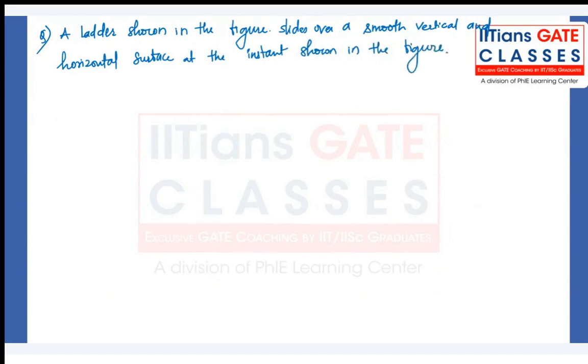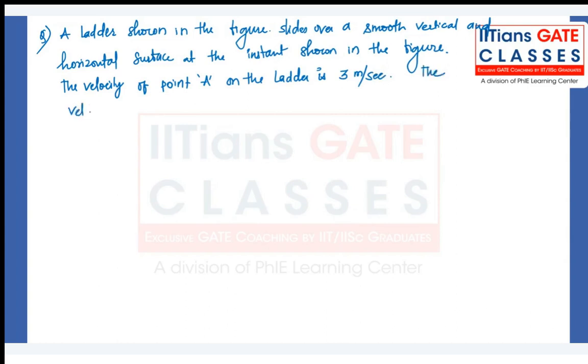the velocity of point A on the ladder is 3 meters per second. The velocity at point B is... okay, so let me show you the figure.